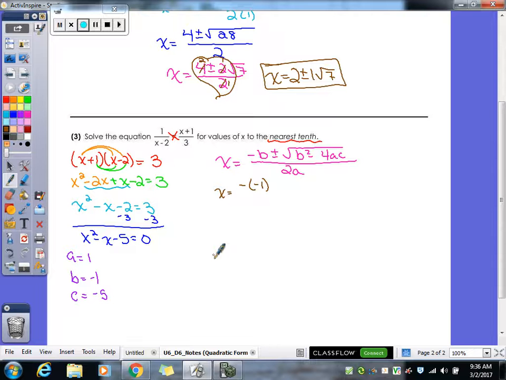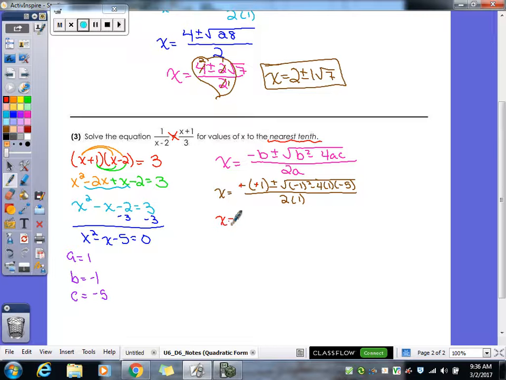So let's start plugging in. So we're going to plug in our -1 for our b. -1 squared minus 4 times 1 times -5. So what happens to our 1 out in front? Because it's negative, negative.